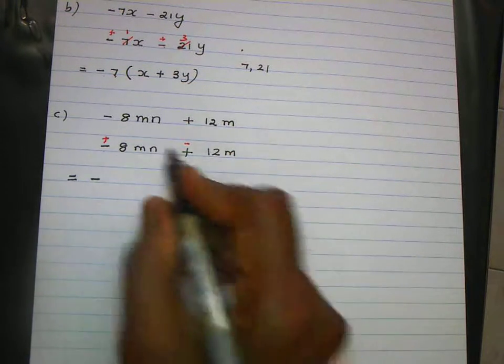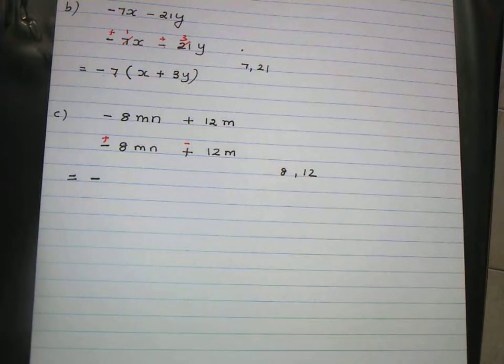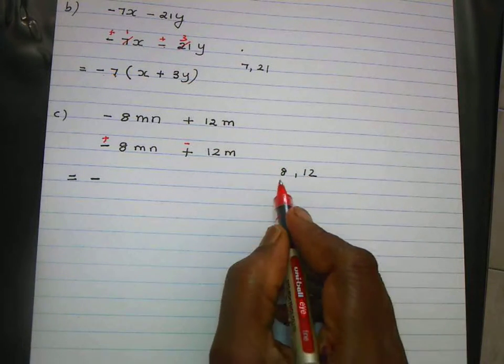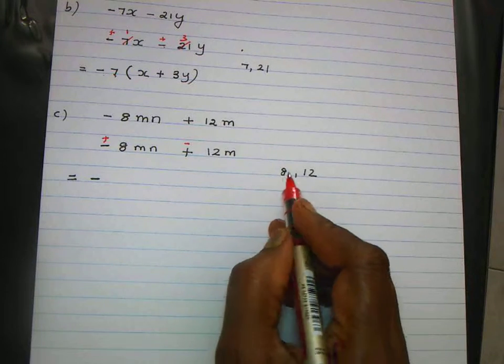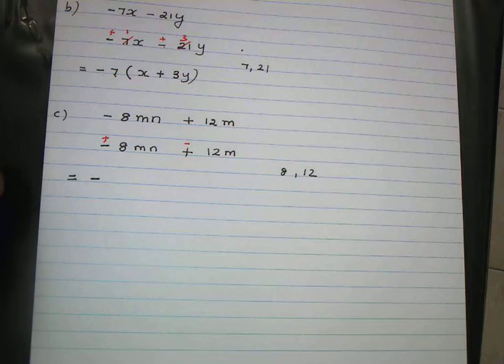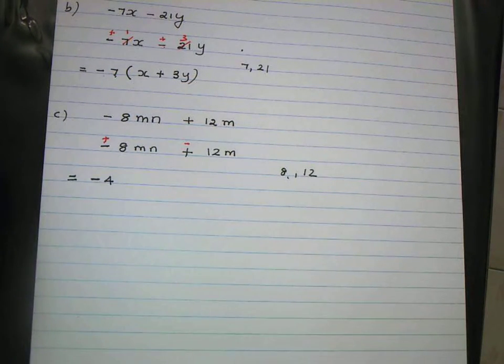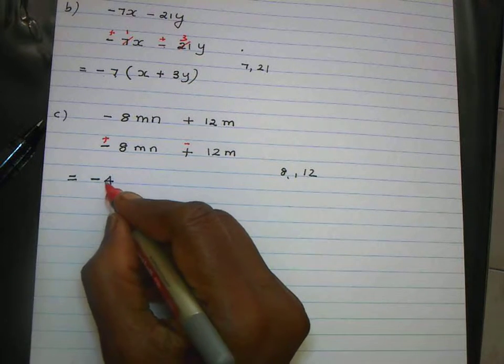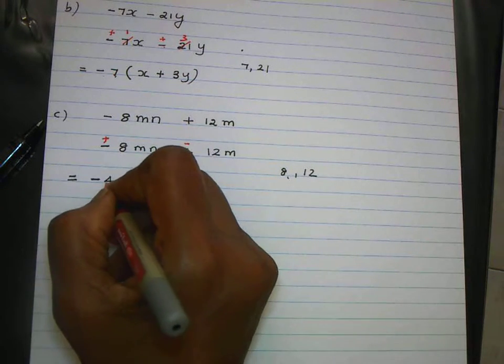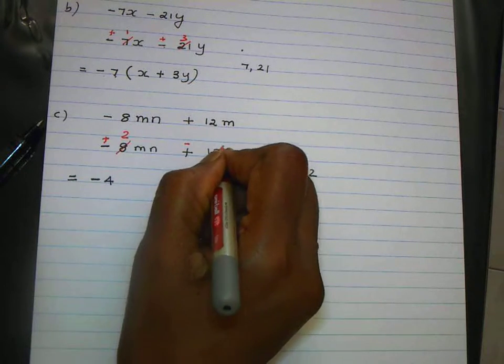Now I have to look at the number component, which is 8 and 12. We have to look for the highest number possible which goes into both 8 and 12. Obviously 4 goes into 8 and 12, so I write 4. As soon as I write 4, 4 goes into 8 twice, 4 goes into 12 three times.